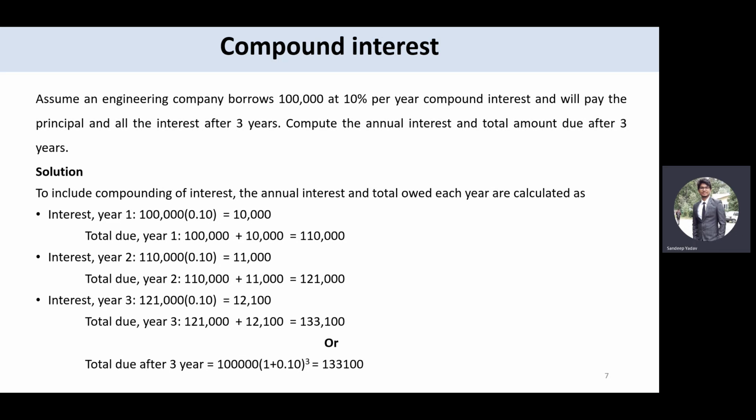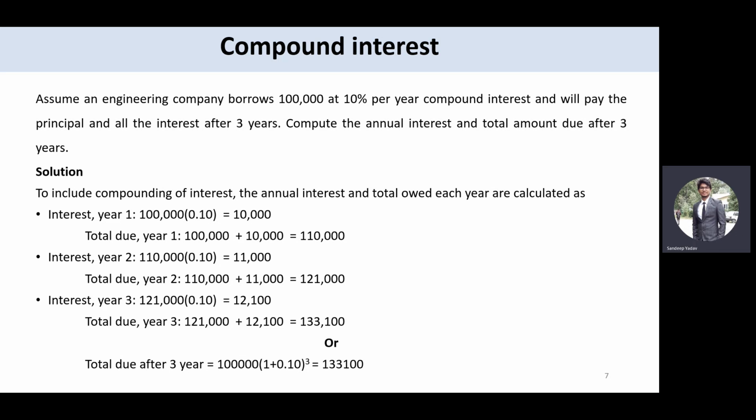Similarly, in year 3, we have to multiply by 0.1. Now the interest will come on the principal, which has changed to the total amount due till year 2, that is 1,21,000 multiplied by the interest rate. So the interest we have to pay for the third year will be 12,100 rupees.